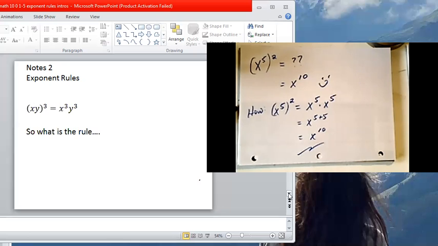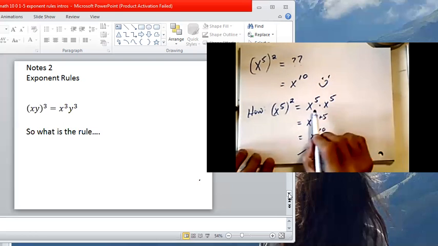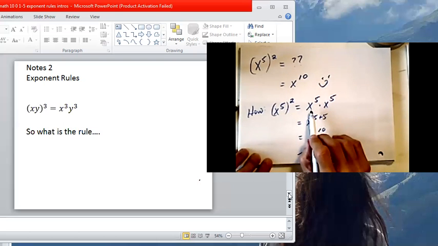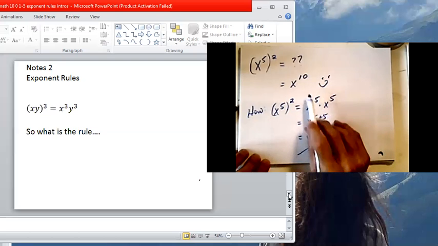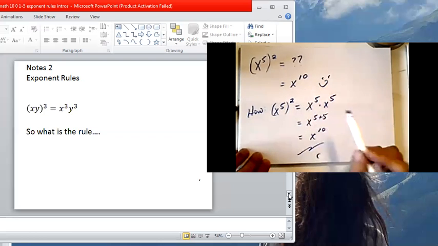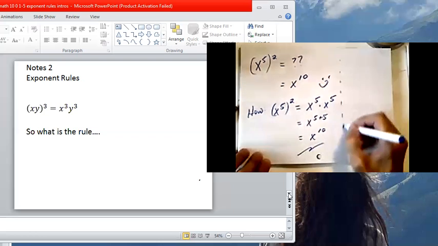So why didn't we say x multiplied 5 times? I could have shown 5 x's multiplied together. I mean, to get x to the 10, why didn't we put x 5 times and then times 2? Because that means something a little different.